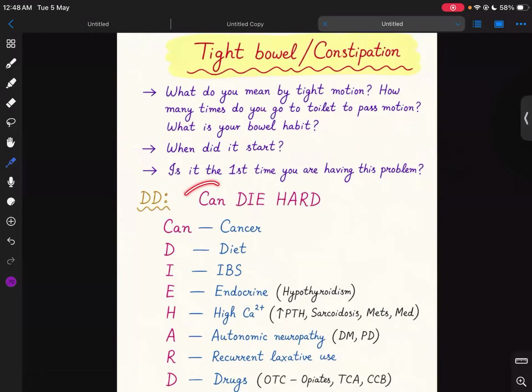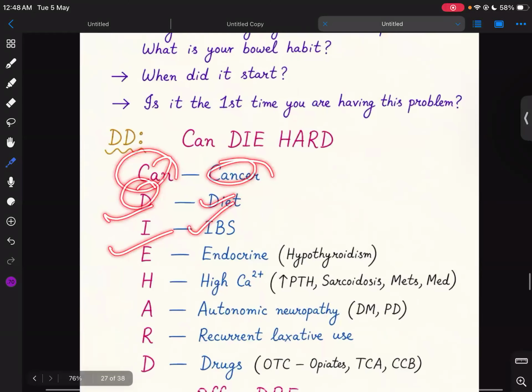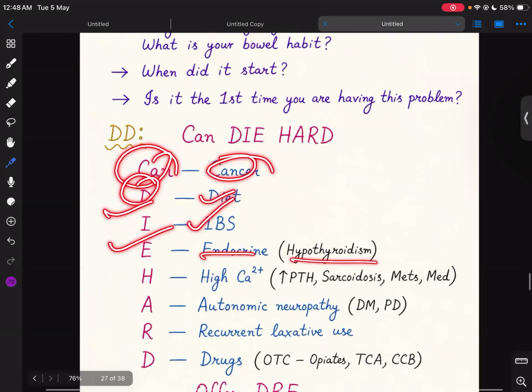The mnemonic is CAN DIE HARD. Here C goes for cancer, D goes for diet, I goes for IBS, E goes for endocrine, that is hypothyroidism, H goes for high calcium.